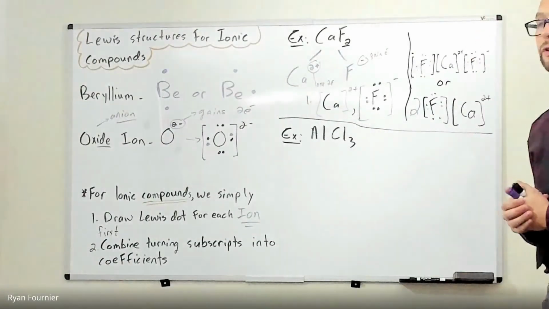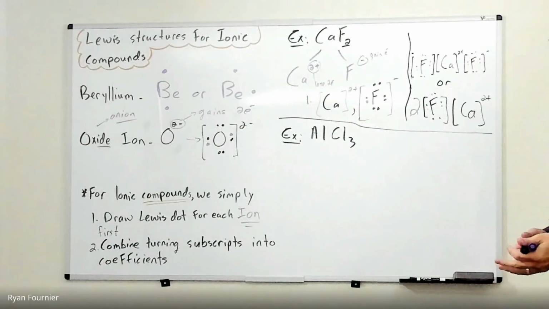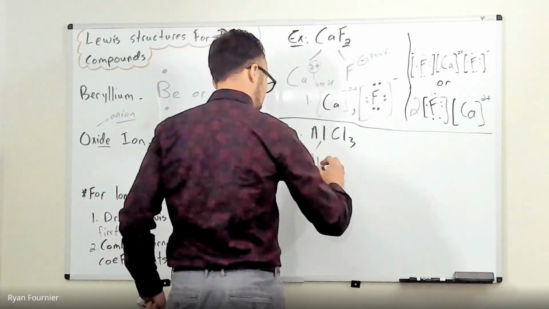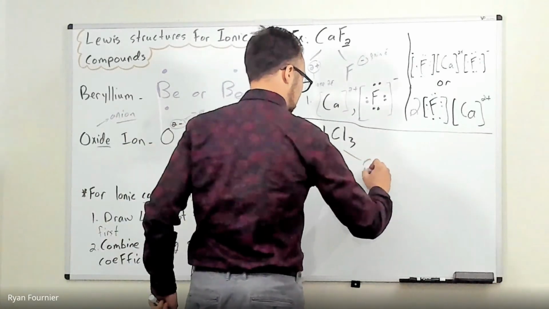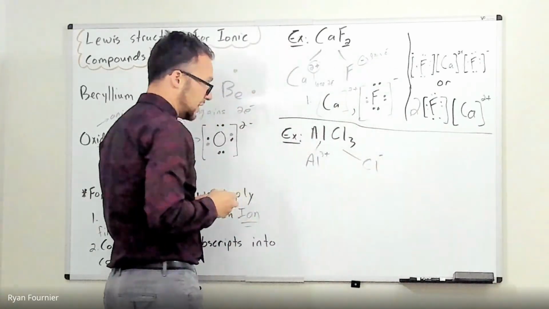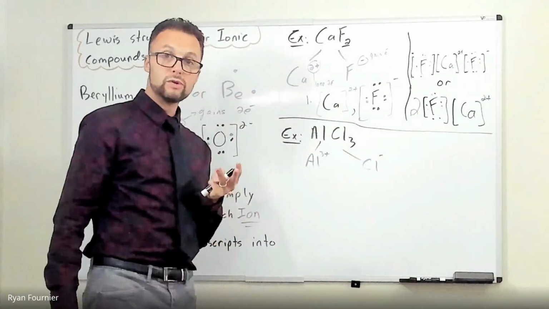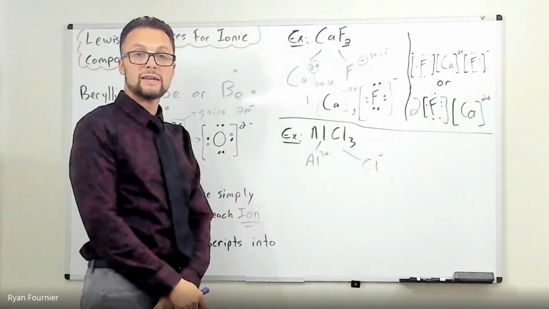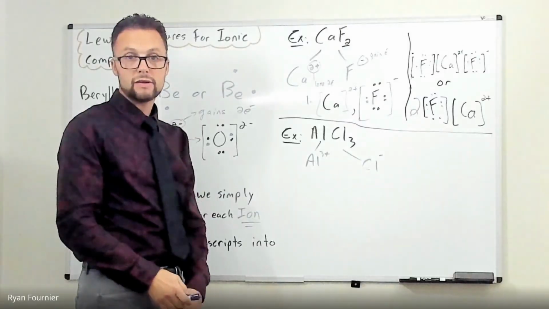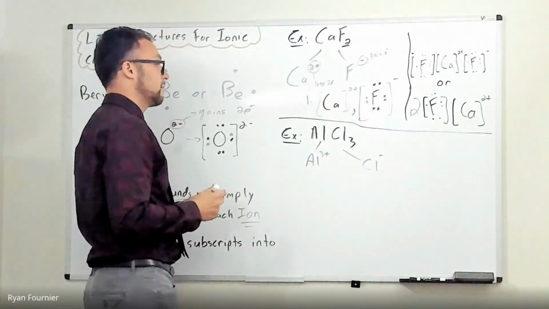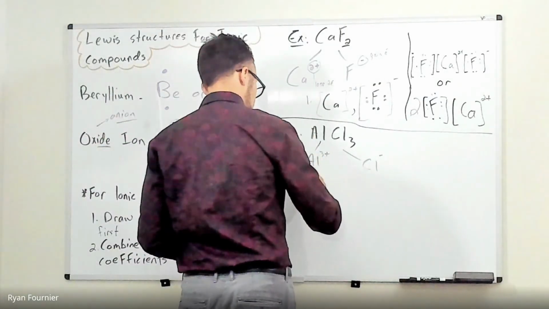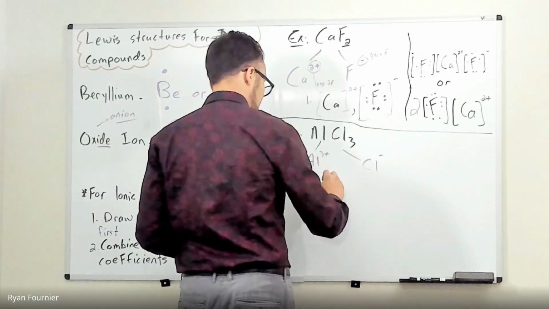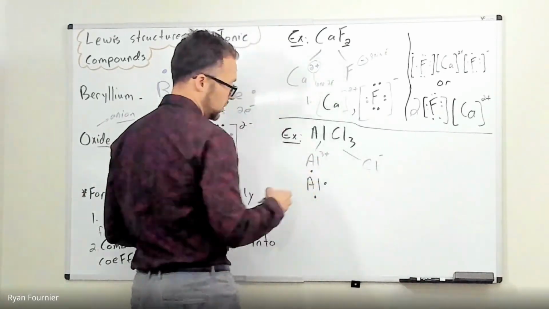Okay, so we've got aluminum chloride for our next example here. Same thing. We're going to separate this into ions. So I got Al3 plus and I got Cl minus. That 3 plus tells us it's going to lose 3 electrons. And then that Cl minus tells us it's going to gain. So same thing. My original aluminum would look like this, right? 3 electrons.